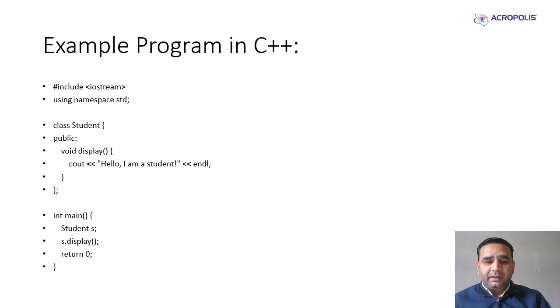In the main function we create an object of this student class. So s is the object of student, and with the help of this object we call the display function. That will print hello, I am a student at the console.